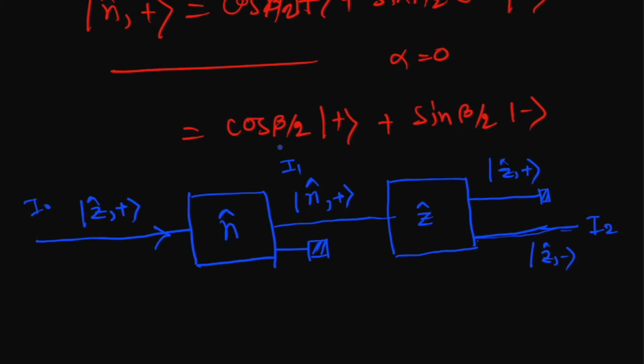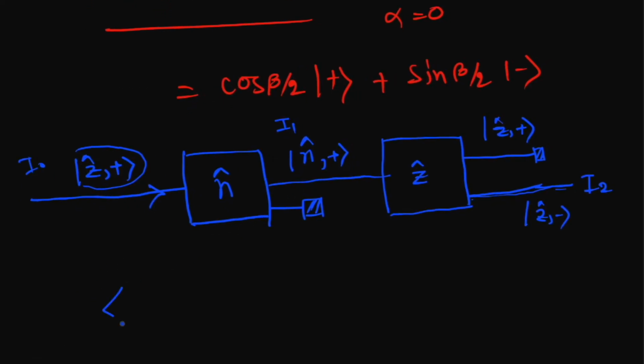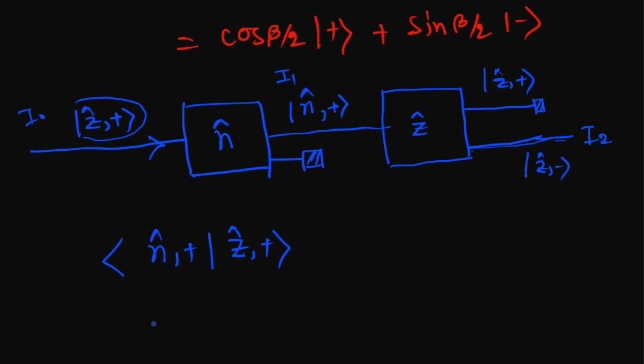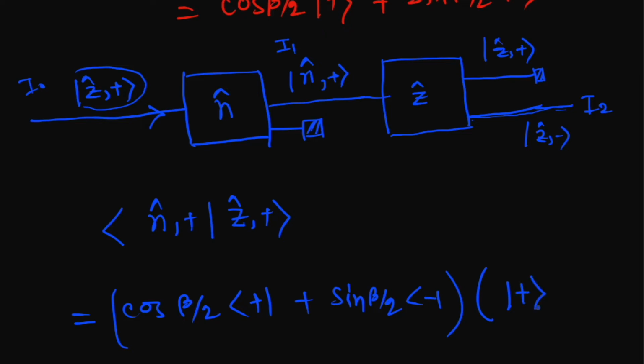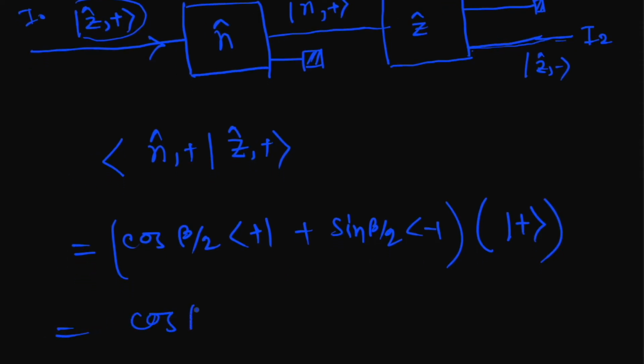So first check what is the probability that after going through this SG apparatus, the Ag atom will be thrown into n cap plus. It is nothing but the overlap of n cap plus with z cap plus, and as we know n cap plus is cos beta by 2 plus sin beta by 2 minus, and z plus gives cos beta by 2.